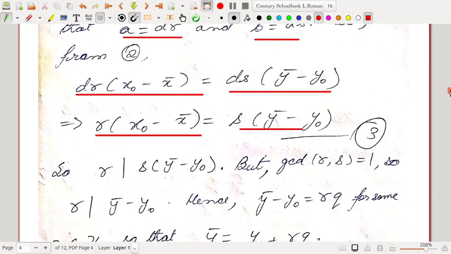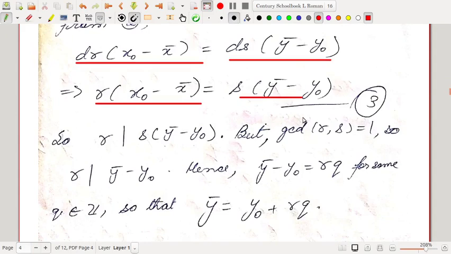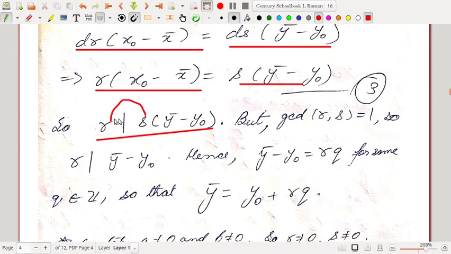Since R and S are non-zero, we can see from 3 that R divides the right hand side. But there is no common factor between S and R. That means R has to divide the other factor. R divides S multiplied with this, but there is no common factor between R and S, so R has to divide the other factor. So R divides Y bar minus Y naught.